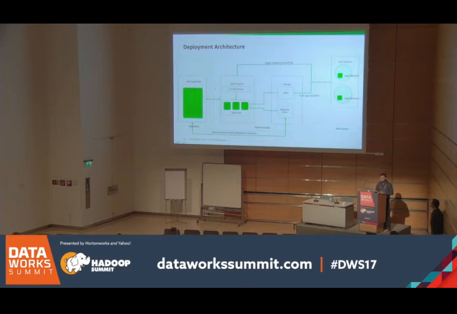Then we have a front-end web application where we can see the status of the current run and what the RCAs are. And from the front end, we have the ability to reject the RCAs.